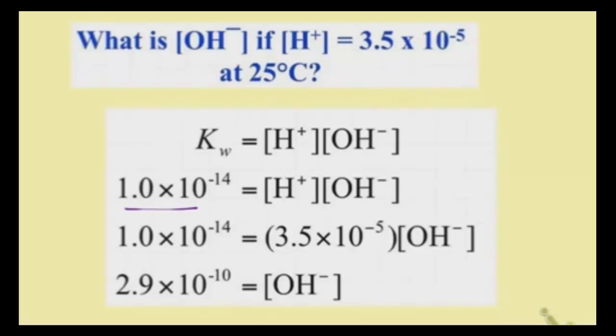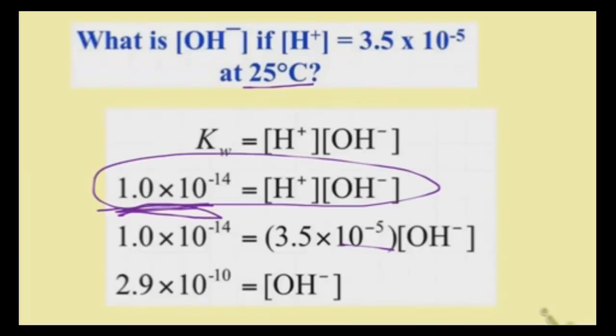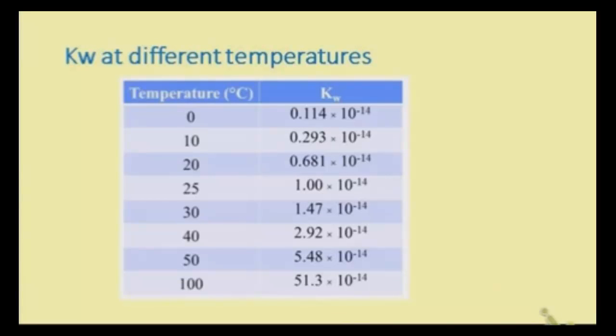So we plug in the value for the H+, and then if we divide both sides by 3.5 times 10 to the minus 5, we get that OH- is equal to 2.9 times 10 to the minus 10. Okay. Now we can only do this at 25 degrees C using this value because that value is temperature dependent. Okay. So that's our expression that we can use.